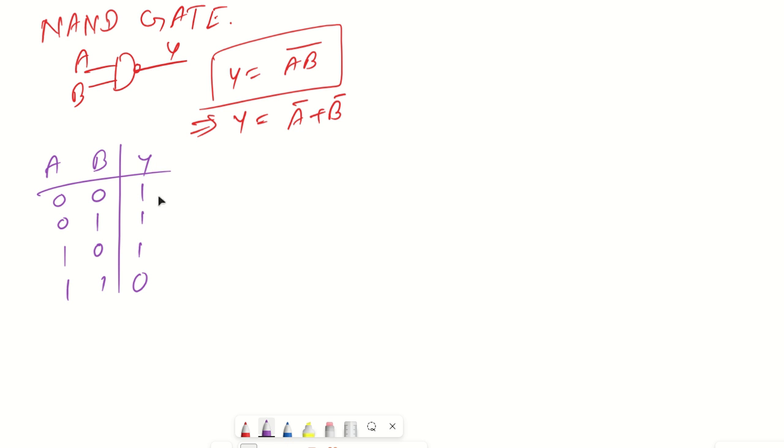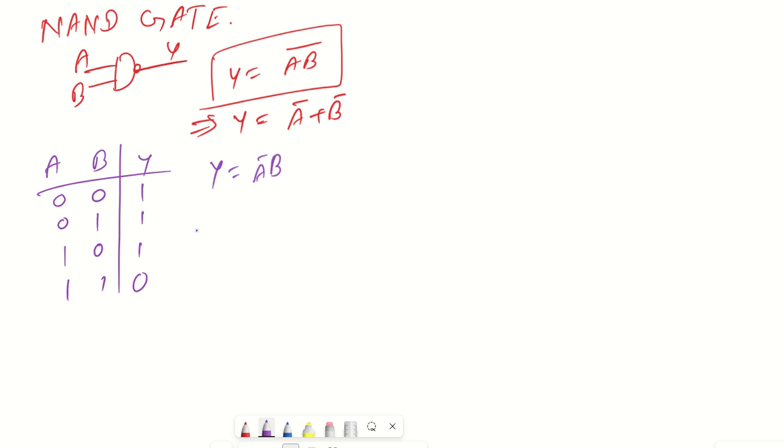Now we can write Y in terms of min terms. Wherever you are seeing 1, this can be written as A bar B bar plus A bar B plus A B bar. So this will be the expression for NAND gate.